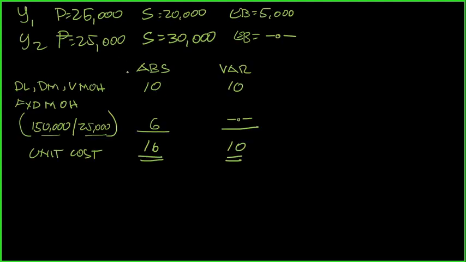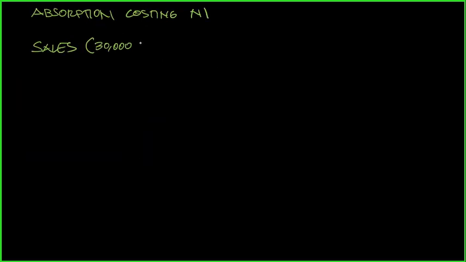Tama ba? Is that my example? Yes. So for year 2, we were able to sell 30,000 units at a selling price of 30. So 30 times 30, that will be 900. So that's 900,000 pesos. And then less your cost of goods sold.